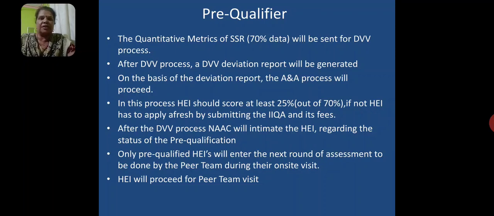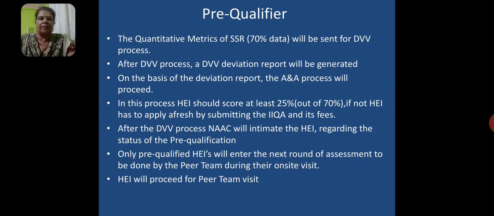In this process, the HEI should score at least 25%, that is, out of 70%, we have to score at least 25%. That means we have to score out of 70 at least 17 or 18 marks. If not, the HEI has to apply afresh by submitting the IIQA and its fees.